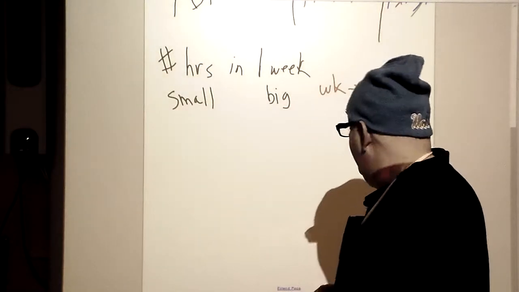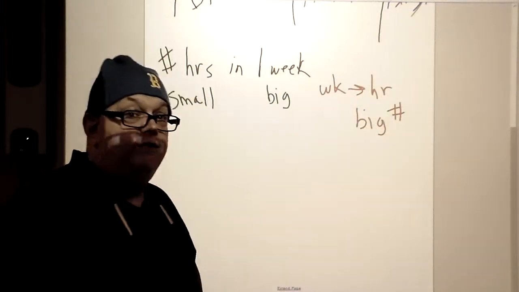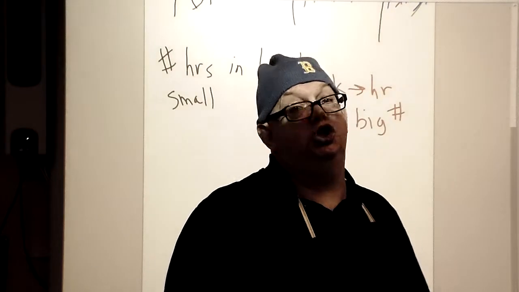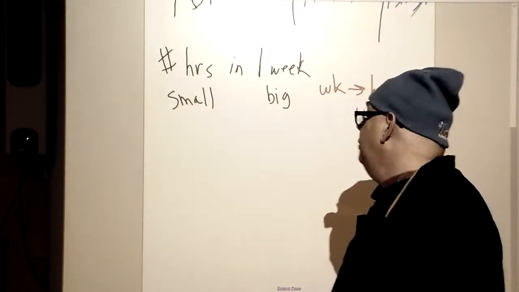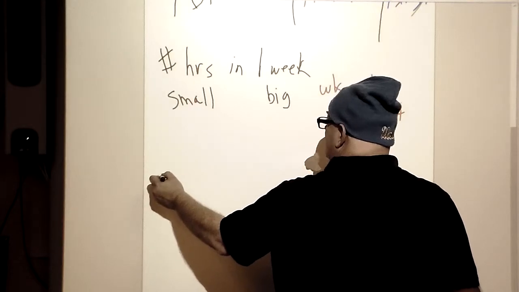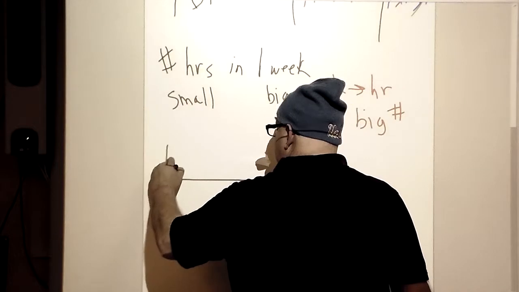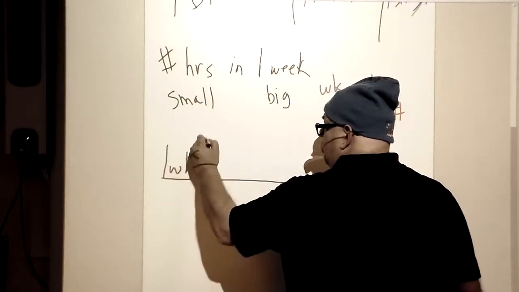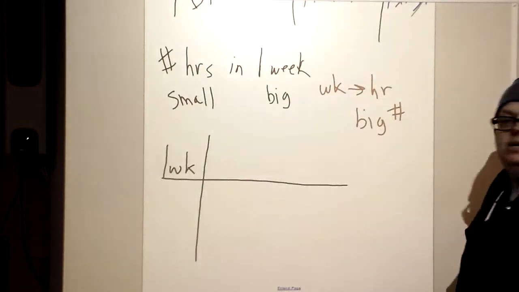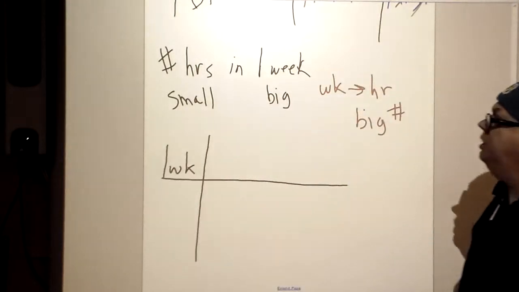So, how do we go about this? We can set up the bridge notation again. And if you weren't writing along with this, you should be. Okay? Because we're going to work that out. So let's go ahead and work this out. I'm going to draw that out, and I have 1 week. I'm going to abbreviate that as 1WK for 1 week. And how am I going to go from this?